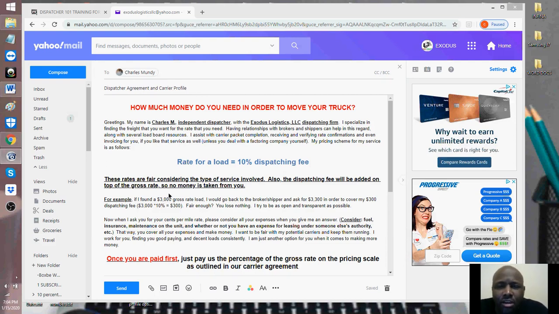I was just going over some basics, because with dispatchers, we are okay. So the broker is the middleman between the carrier and the shipper. From a dispatcher's perspective, we look at ourselves as the middle person between the broker and the carrier, because as a dispatcher you're providing a service to two people: the shipper, because that's your customer, and also the carrier, because you can't satisfy your customer, the shipper, until you get a carrier to move that load.